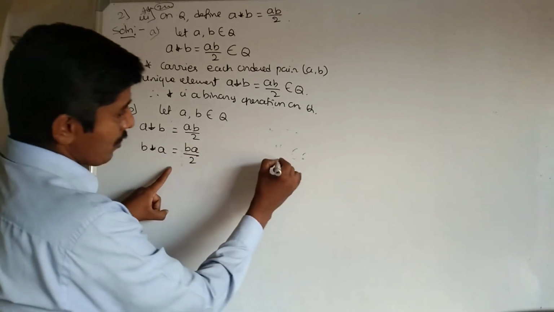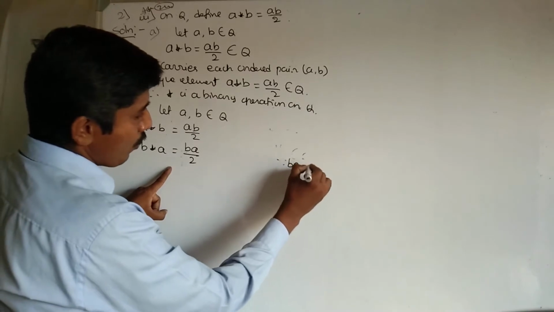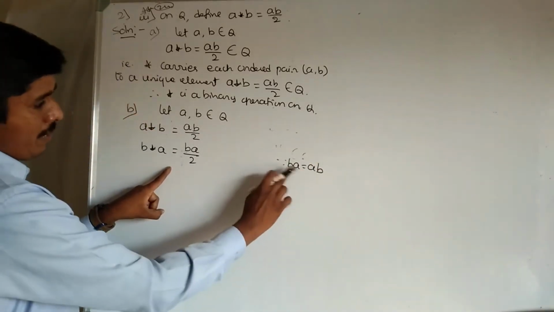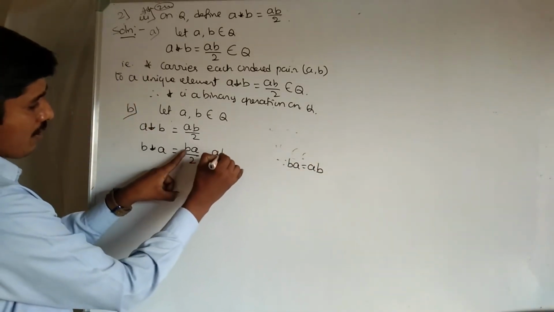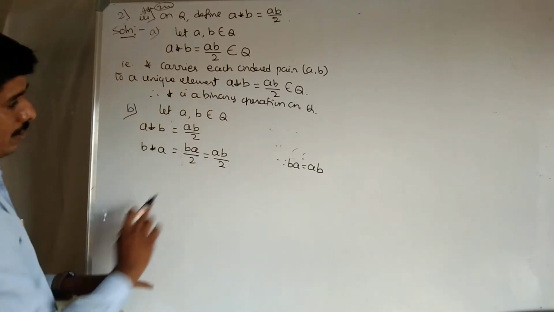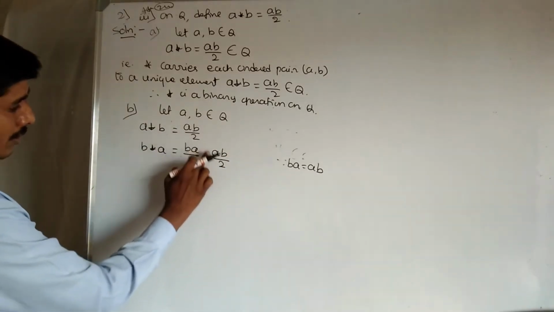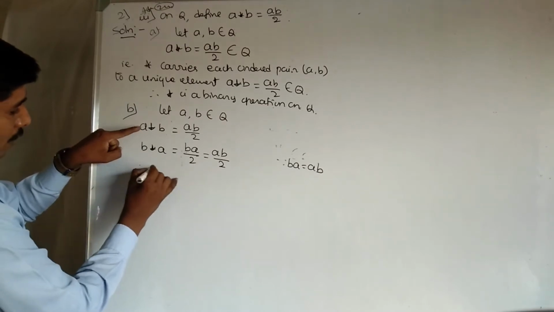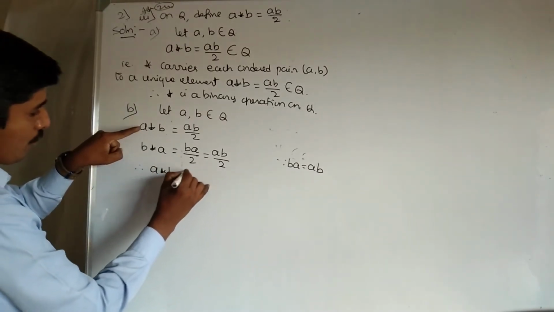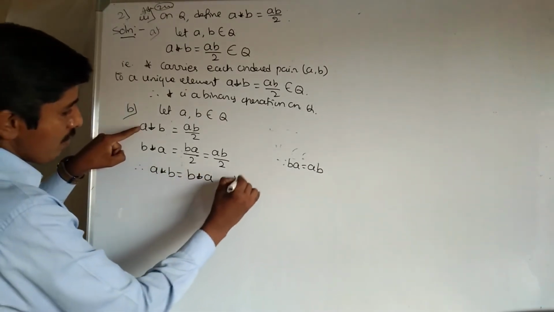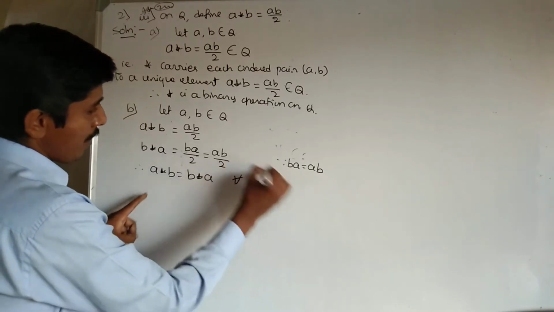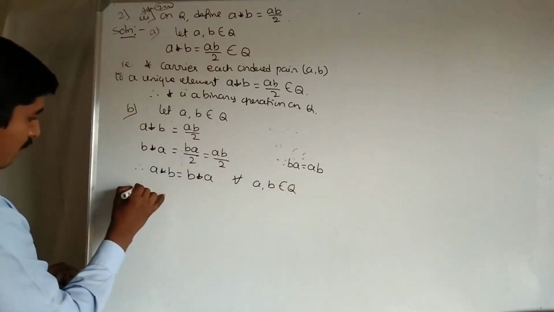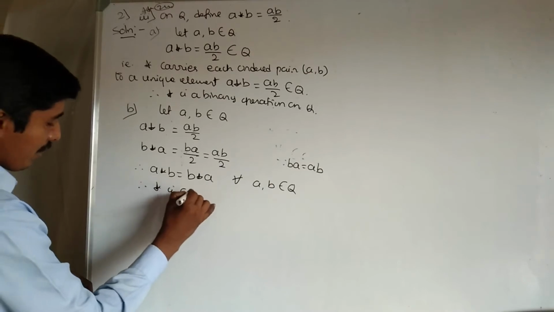So we know that BA equal to AB. It is always true. AB by 2 and AB by 2 both are equal. Therefore A star B equal to B star A for all A, B belongs to Q. So therefore star is commutative.